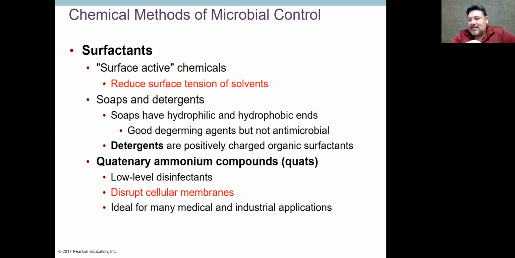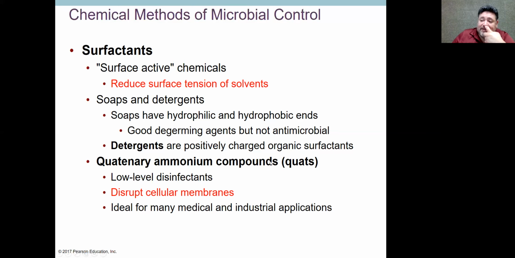Whatever the effects of the original microbial control is, the surfactant is going to multiply it, because it's going to allow it to enter or traverse or evade the problems associated with membranes and lipids and anything that is hydrophobic in nature. So very, very useful.